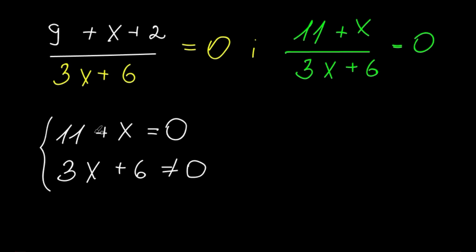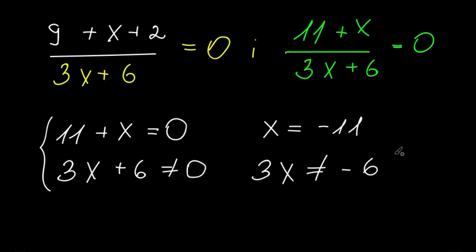And now, if we move the 11 to the other side, we get that x is equal to minus 11. That is our solution. And we need to check if it's right. Okay, so we need to solve this equation. If we move 6 to another side, we get that 3x is not equal to minus 6.